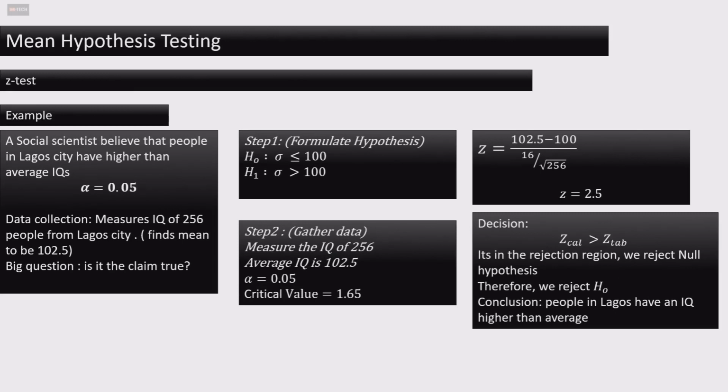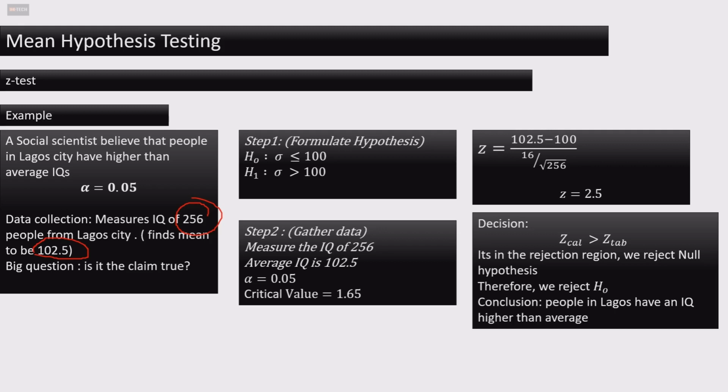Now let's look at a practical example. A social scientist believes that people in Lagos City have a higher than average IQ. Now I want to test if his claim is true or not. Remember, the first thing we said is that he measures the IQ of 256 people from Lagos City. He cannot measure the IQ of everybody in Lagos State, but he measures the IQ of 256 people in Lagos State, and he found their mean to be 102.5.